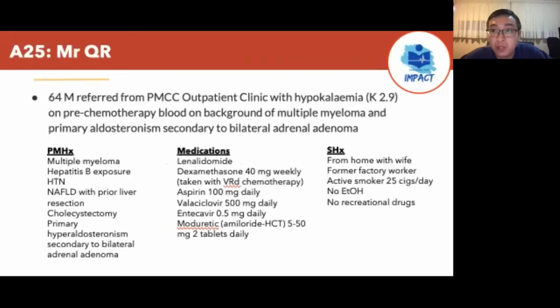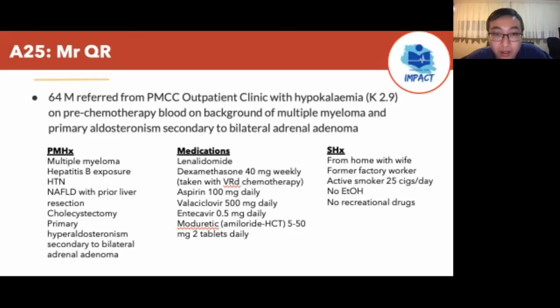So 20 minutes to discuss the last case. So you're nearing the end of your shift. The last patient that your consultant asks you to see is Mr. QR. Now this is a bit of a curveball.